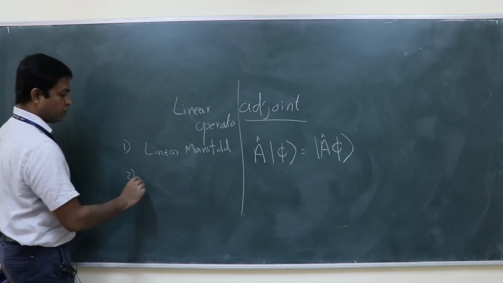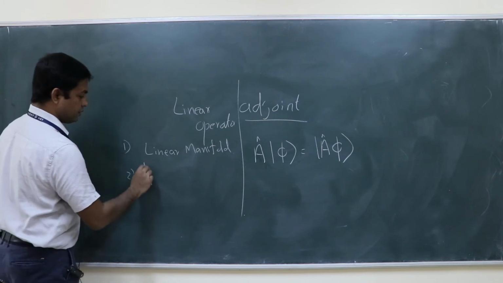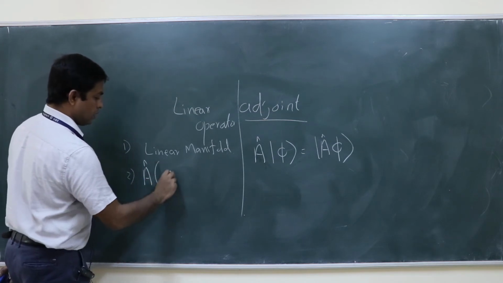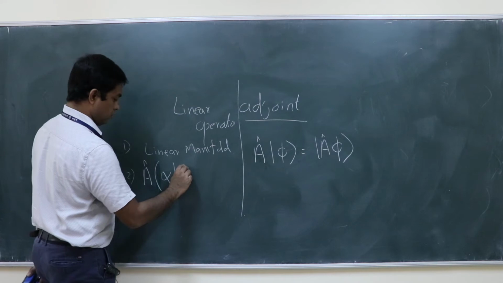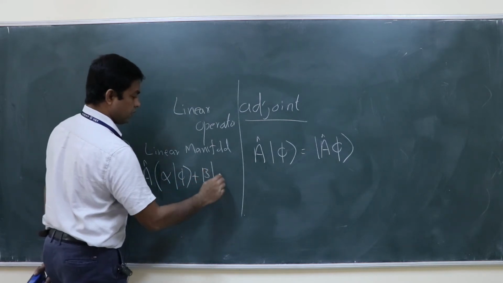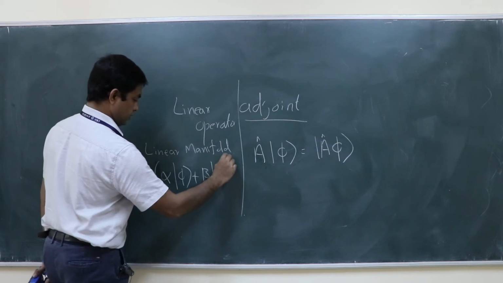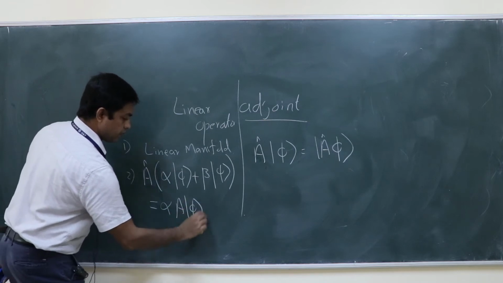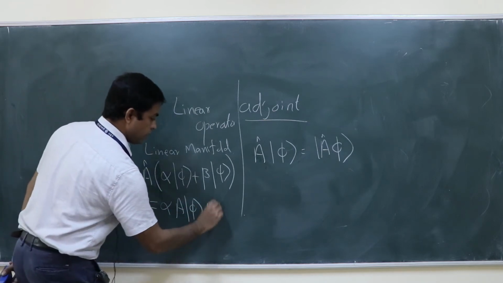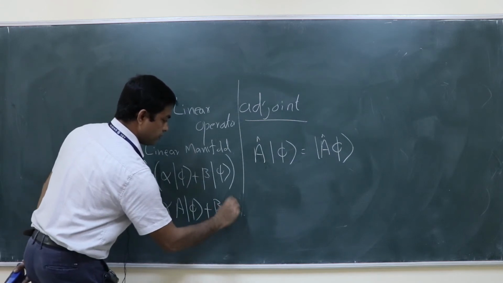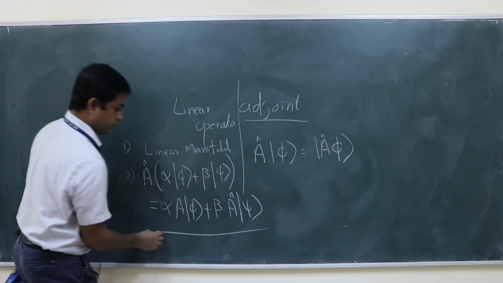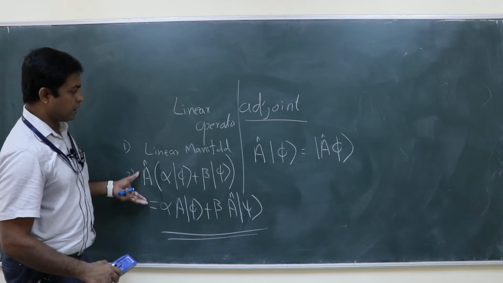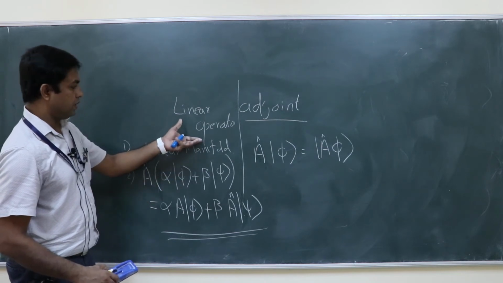And the action of the operator A, suppose A is a linear operator, on alpha phi plus beta psi is alpha A phi plus beta A psi. If these two conditions are satisfied, then that operator is a linear operator.